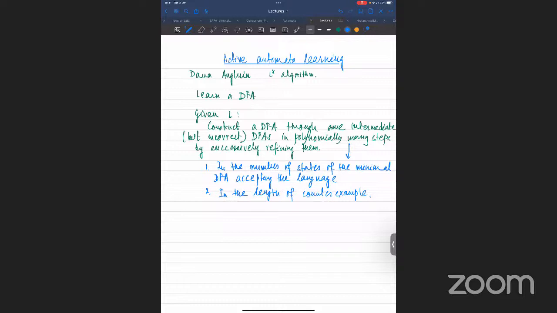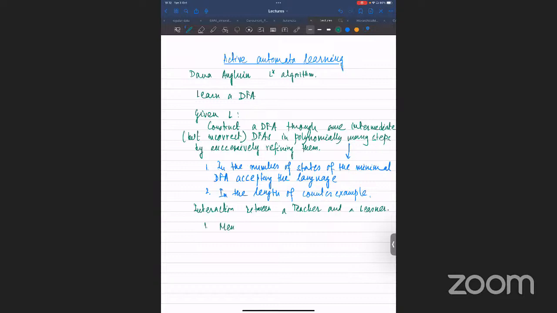So now, how does this algorithm work? You can think of this as an interaction between a teacher and a learner. The learner would ask queries to the teacher. What kind of queries?